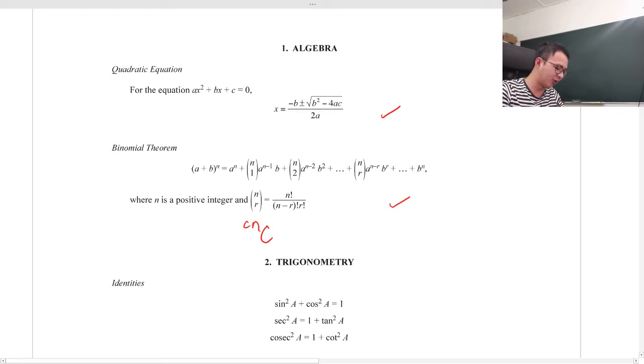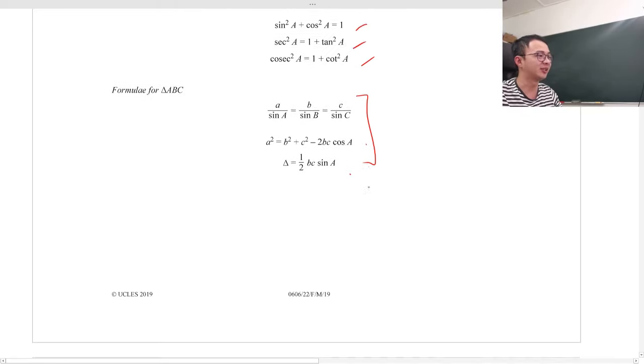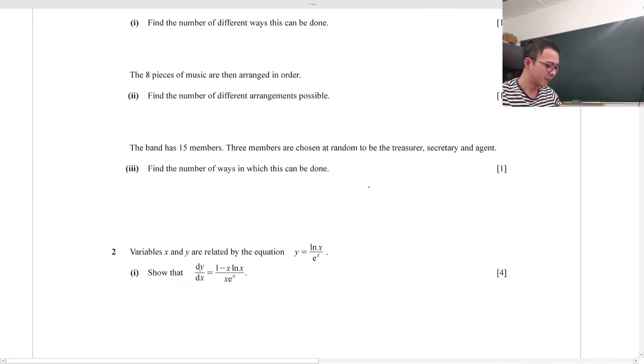This formula you will normally use only in the binomial topic, if you want to find m or n. Normally you're not using it. And for trigonometry, you have three trigonometry formulas, for area, for length, the cosine rule and the sine rule, nothing very special here.